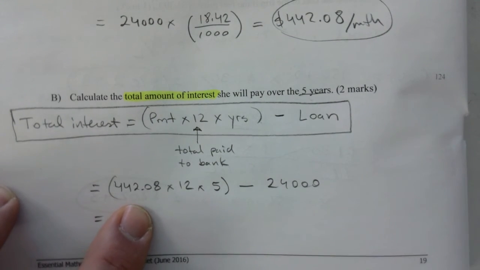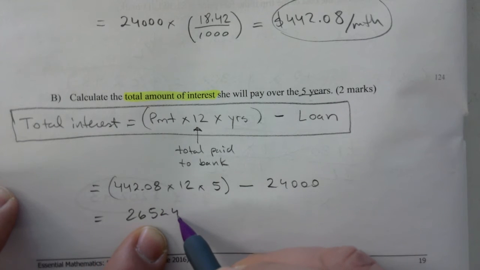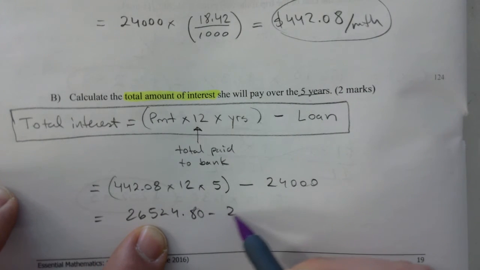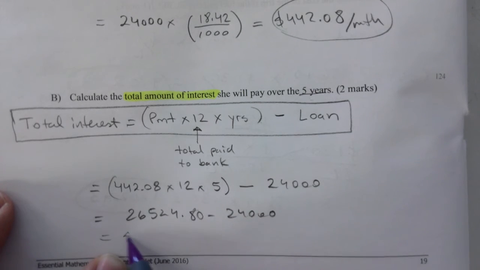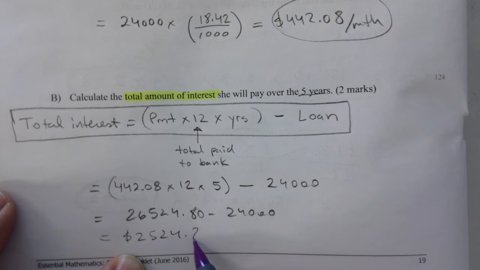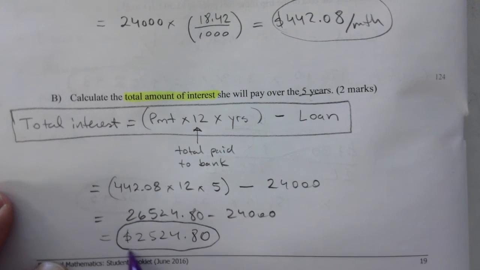I will do this separately. It's 26,524.80 minus 24,000, and that's 2524.80, but make sure you put the 0 in there. This is the final answer.